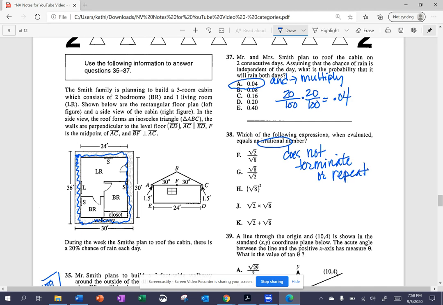So if I put all of these in, this is 0.5, this is 2, this is 8, this is 4, and this is 2.828, and it keeps going. So here's my irrational number.